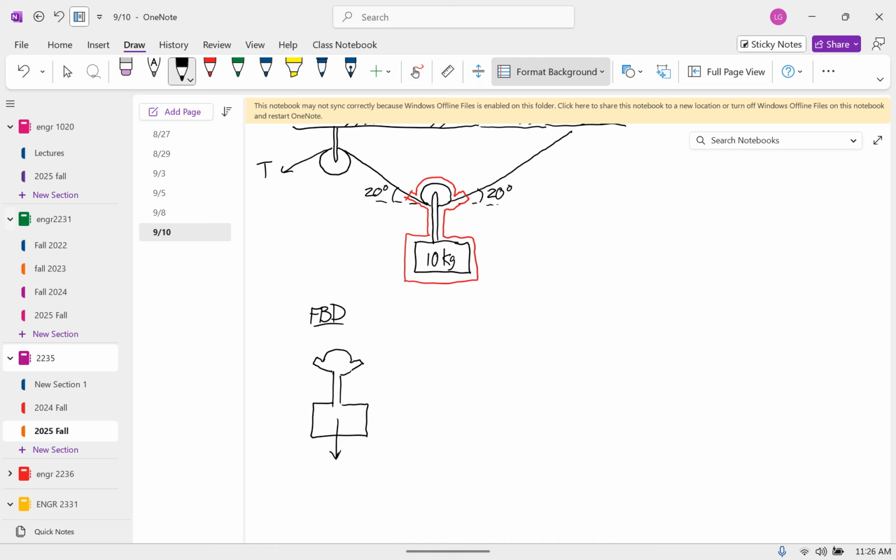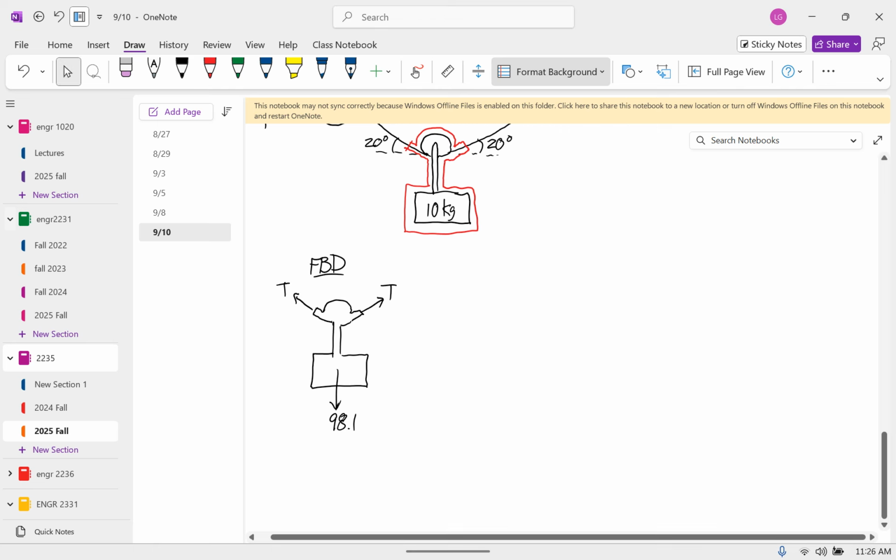We have the weight of 98.1 and the forces P and T. But now when we go to Newton's second law, we have to use cosine and sine to represent the directions of those.